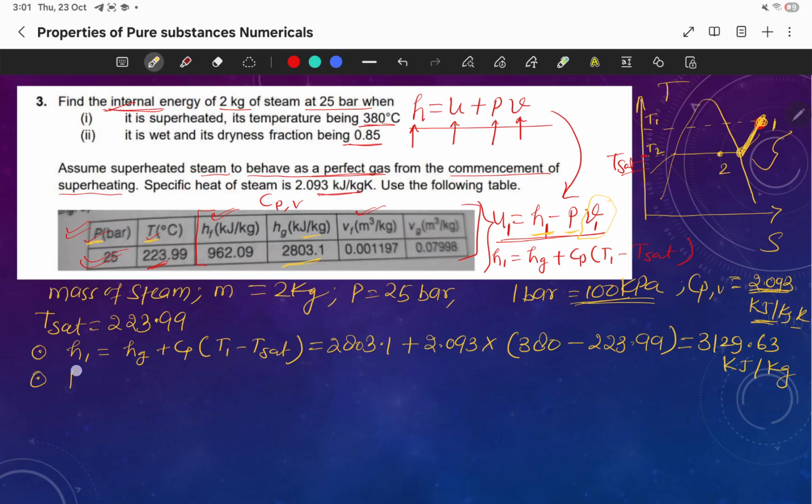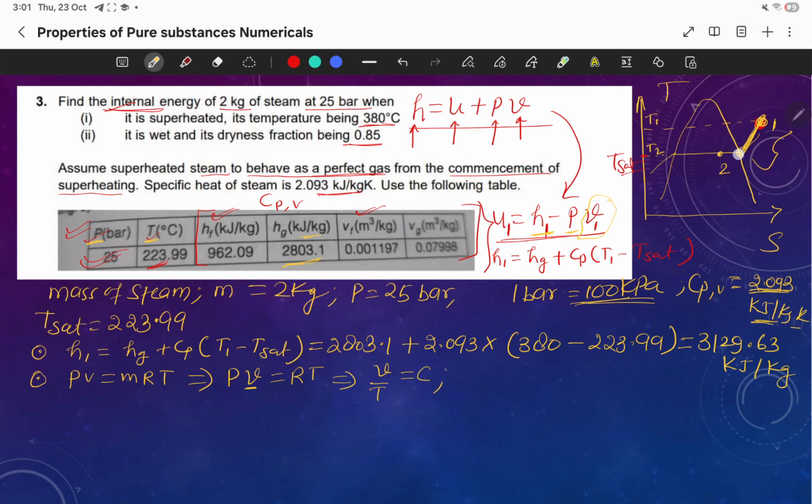So if pressure is constant, can we write PV equals mRT, or can we write Pv equals RT? This is specific volume. So if pressure is constant, can I say specific volume upon T is constant?